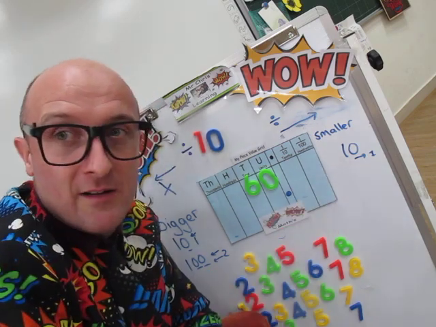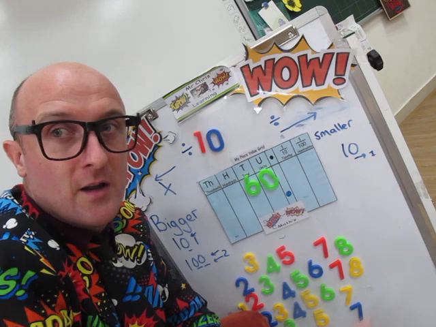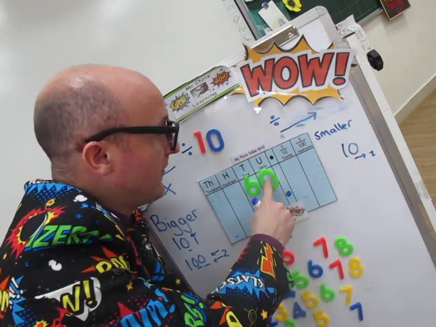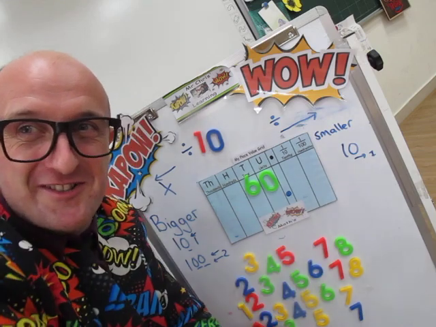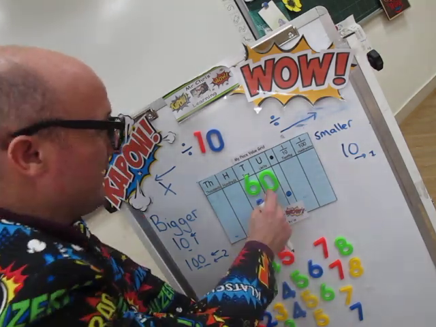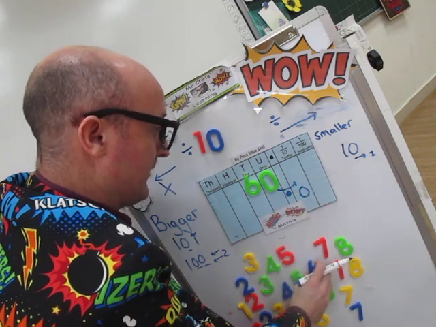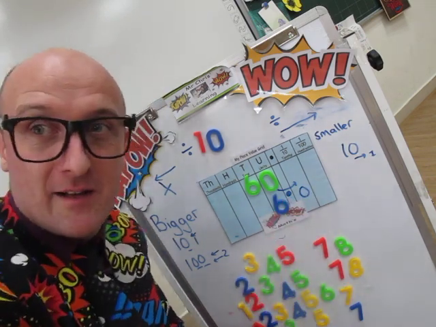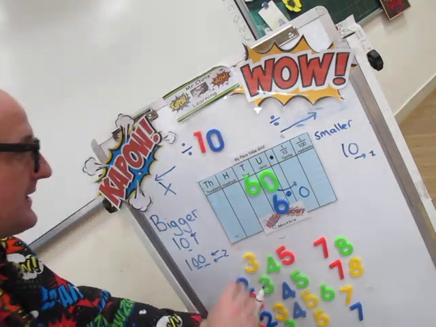She's just said you move it one place to the right because there's a 10. Well done. So we go one place there, the 0 goes there, and then we put the 6 there. So the answer is 6. Well done. Easy peasy, lemon squeezy.